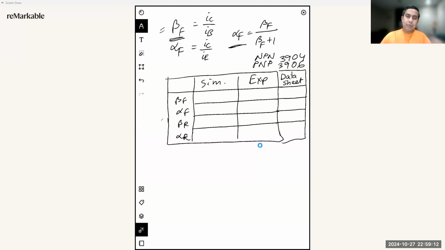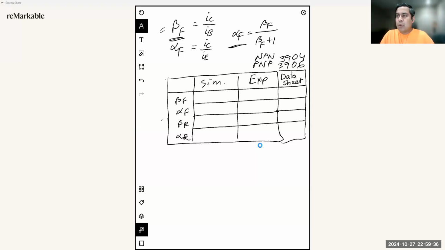So there is a characterization and error calculation involved with that: how much our values deviate from the datasheet numbers for these devices. So that's going to be one of the interesting discussions in this report.